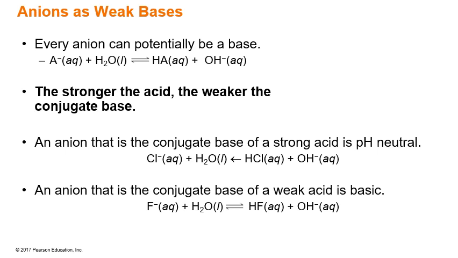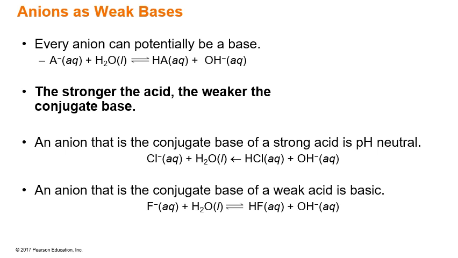Any anion that we have can potentially be a base, because if we think about the anion, it is the conjugate base of an acid. The stronger that acid is, the weaker the conjugate base.